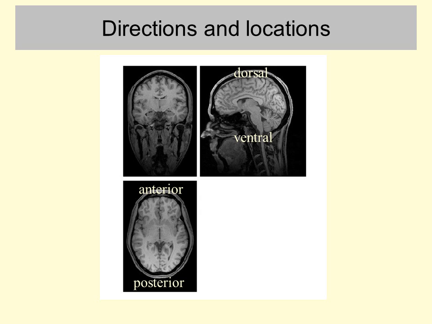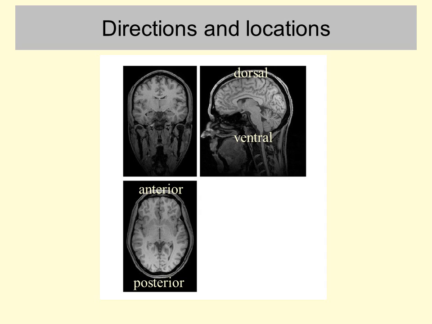On this slide we have a little bit more terminology for you concerning directions and locations. The top of the brain is referred to as dorsal, whereas lower down in the brain is referred to as ventral.